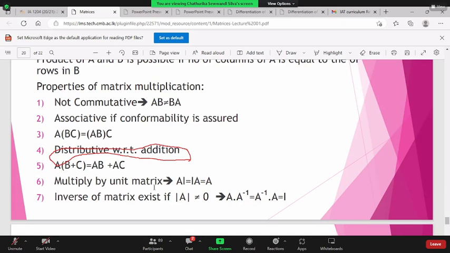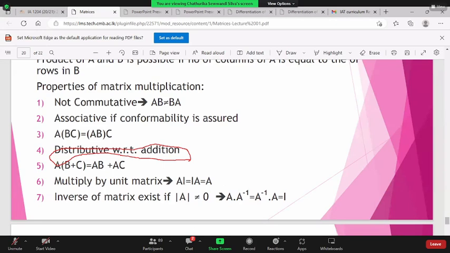We know that a unit matrix is definitely a square matrix, which can be 2 by 2, 3 by 3, or 4 by 4. If you want to multiply a particular matrix with the identity matrix or unit matrix, then the matrix you want to multiply should also be square. Otherwise we cannot multiply.